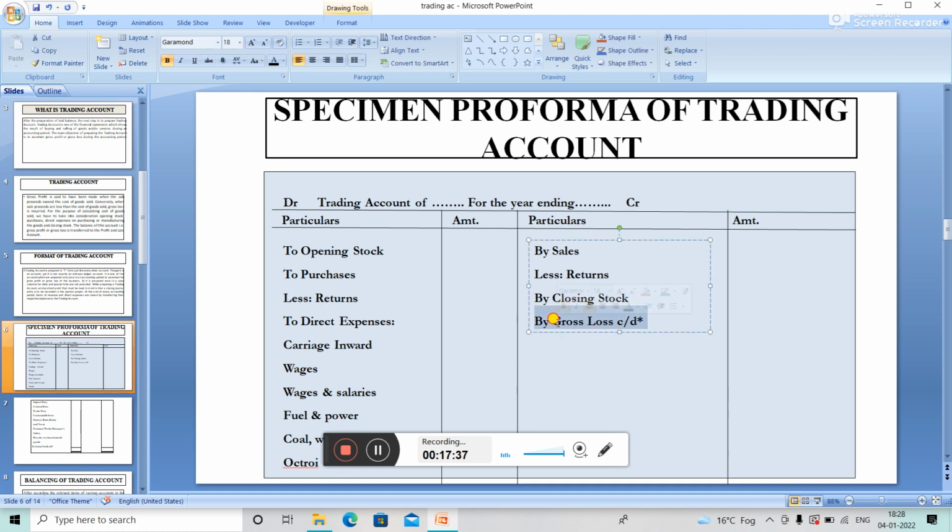We write it as by gross loss carried down.